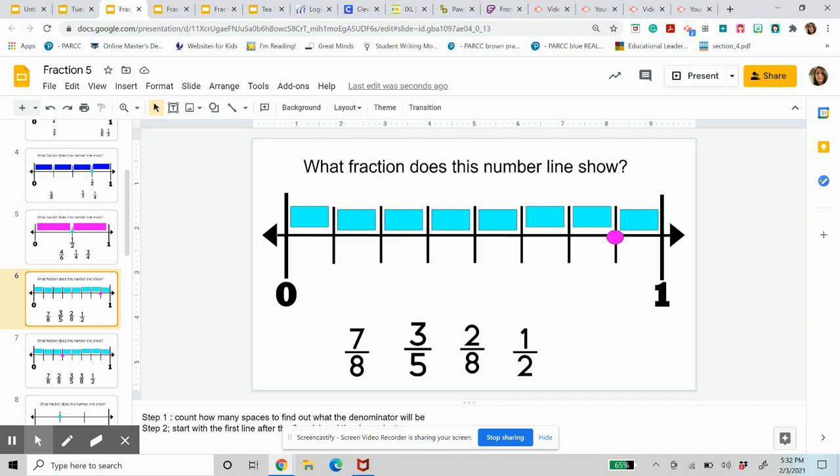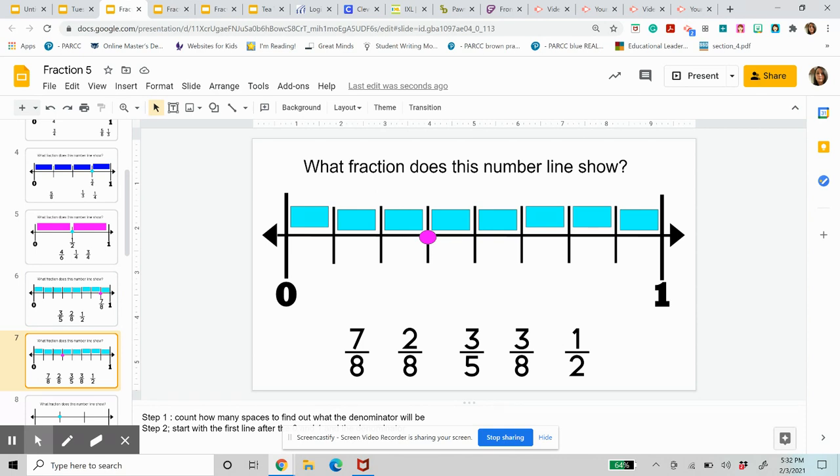Okay, so making a choice, and if you put 7/8, you would be correct because I counted 8 spots. 1, 2, 3, 4, 5, 6, 7, 8, right? And then we would count like normal. So 1/8, 2/8, 3/8, 4/8, 5/8, 6/8, 7/8, and this would be 8/8.